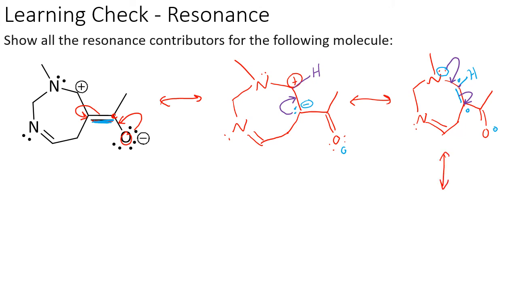We could have actually started up here at the top when we were starting to draw them. There's no specific spot where you have to begin showing your resonance. So we have our nitrogen that's double bonded here now, this carbon.